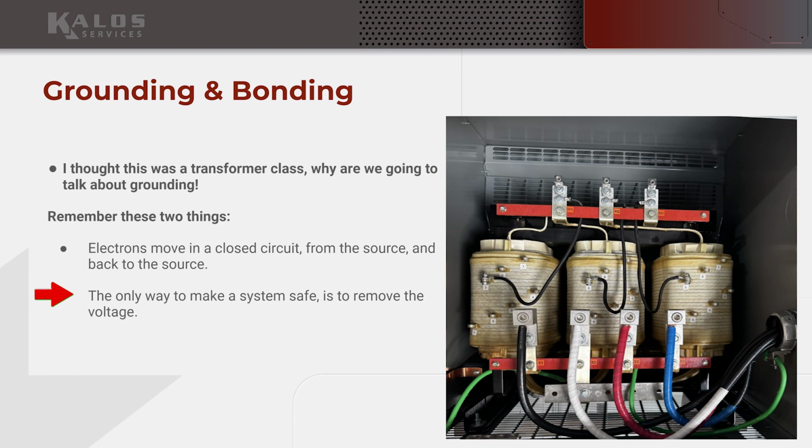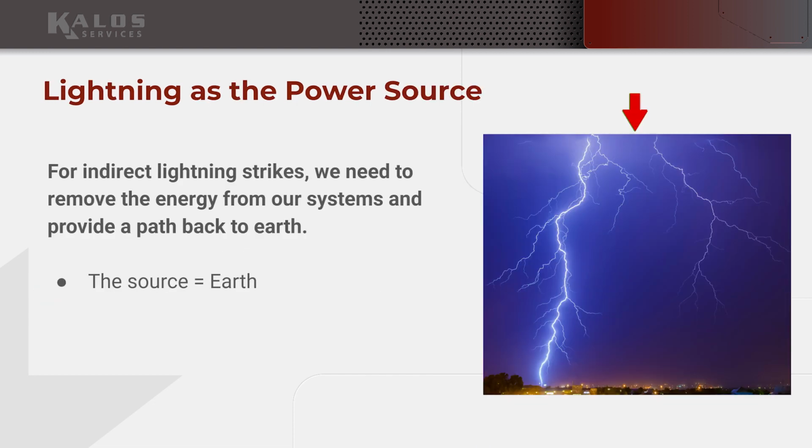In the case of lightning, you can see this here. There's the circuit flowing from the upper atmosphere to the ground. This circuit is being completed through the atmosphere back to Earth. So the source here is the planet, with lightning.